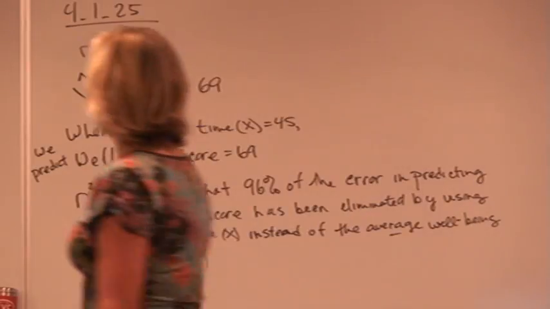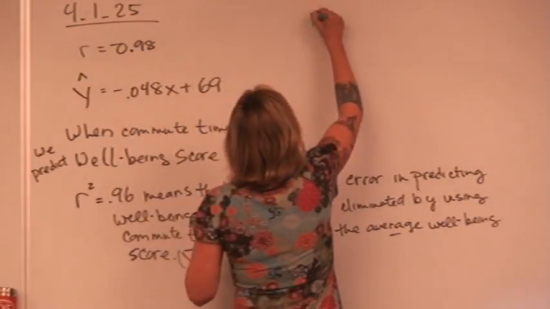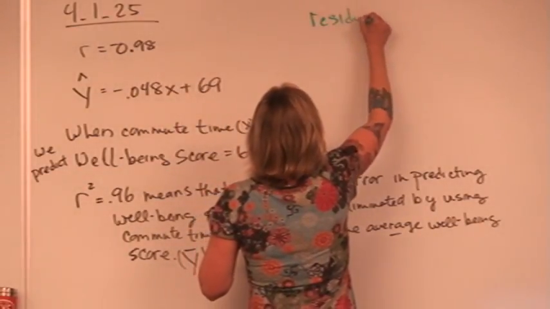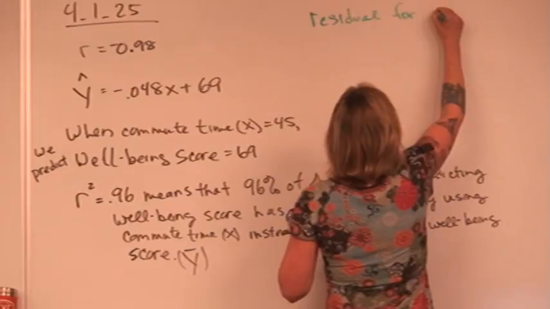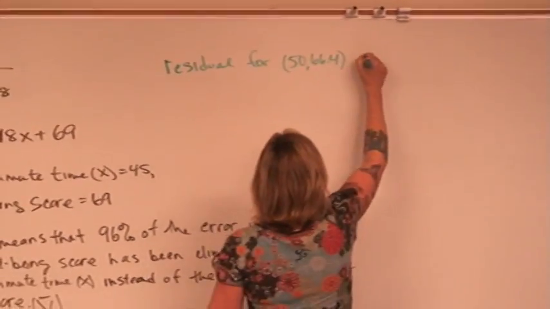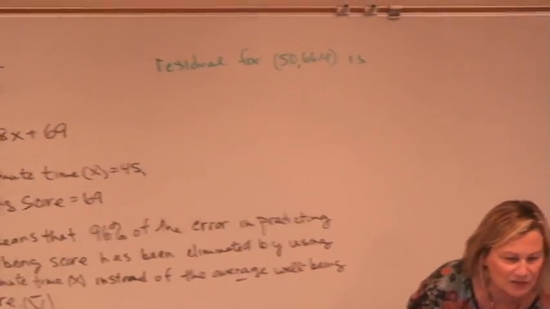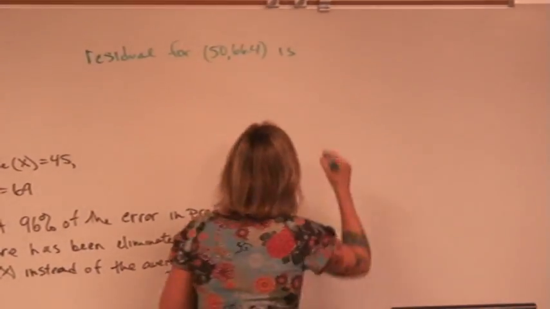Okay, so the residual for the data value, let's say 50 and 66.4, looks like negative 0.234.